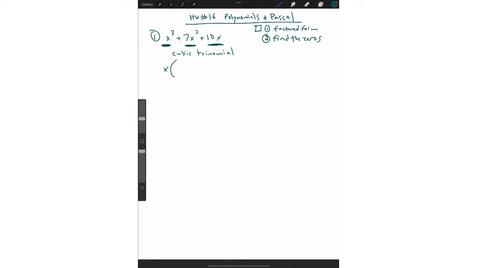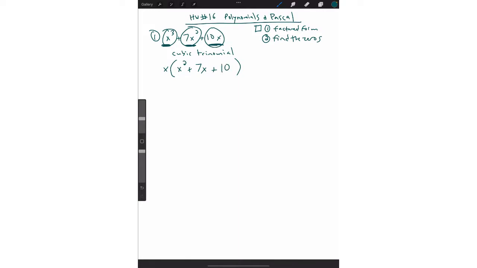So that's where I'm going to show you what we're doing. If I say x times the quantity of, and then write the three terms out: I change x to the third to x squared, just taking an x out. In 7x squared, I just take an x out. And the last term, 10x, I take out a 10.